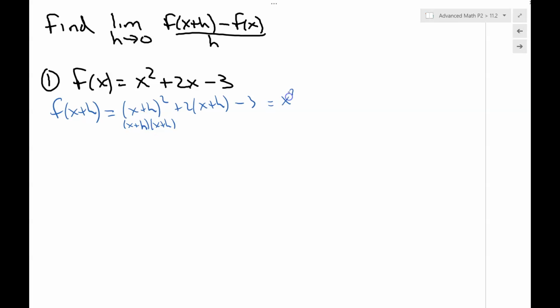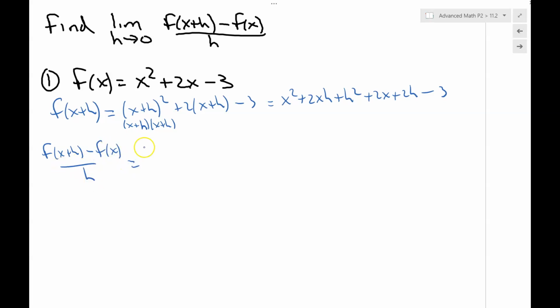So this is x squared plus 2xh plus h squared plus 2x plus 2h minus 3. Nothing simplifies. All I did to get that 2x plus 2h is distribute. So there's my f of x plus h part. So now we have to figure this thing out.